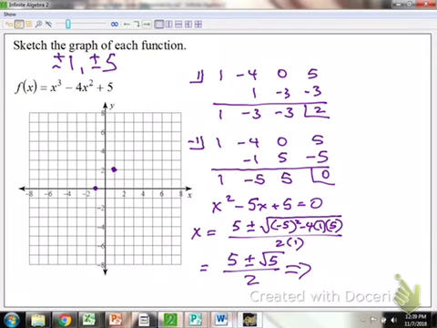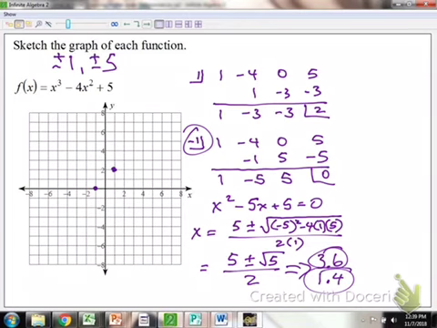Okay, 5 plus the square root of 5 is 7.2 divided by 2 is about 3.6, because these are just approximations. And then 5 minus the square root of 5 is 2.7 divided by 2 gives me about 1.4. So for my graphing purposes, these are my zeros.